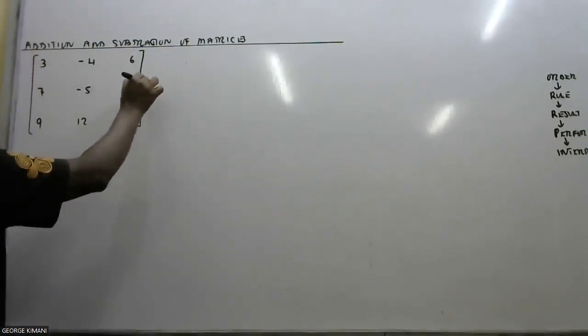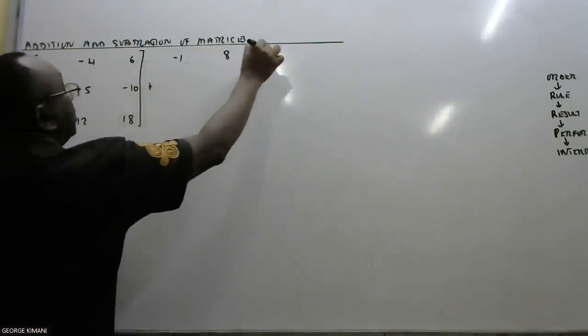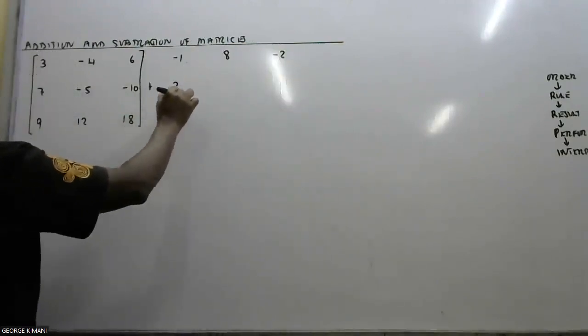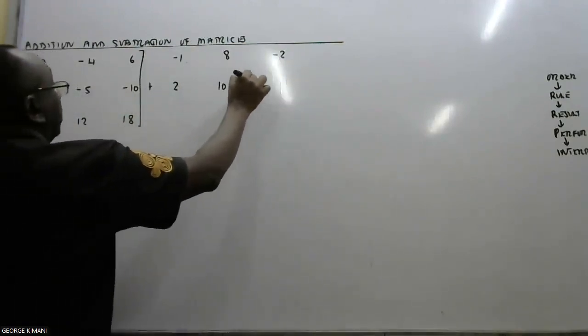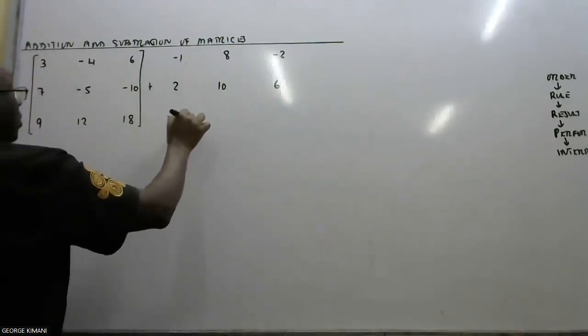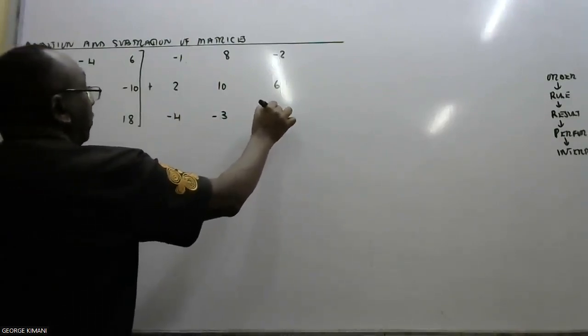If you are told to add -1, this is 8, -2, this is 2, this is 10, this is 6, this is -4, this is -3, this is -4.